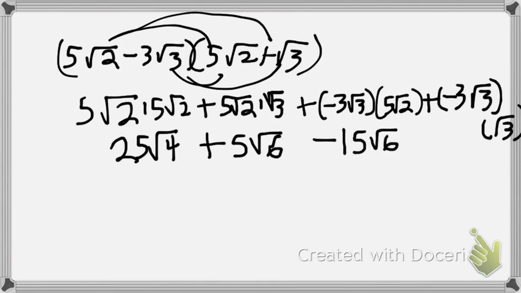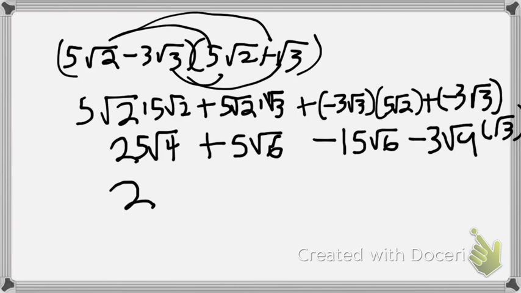And 3 times 2 is 6. And then we end up with negative 3 times the square root of 9, because we multiply our radicands and we multiply our coefficients.